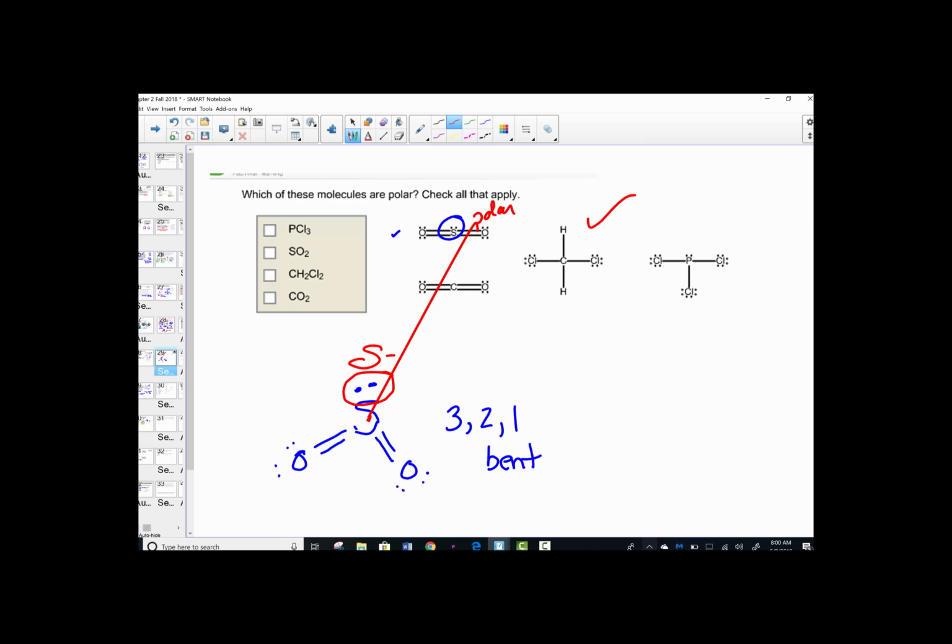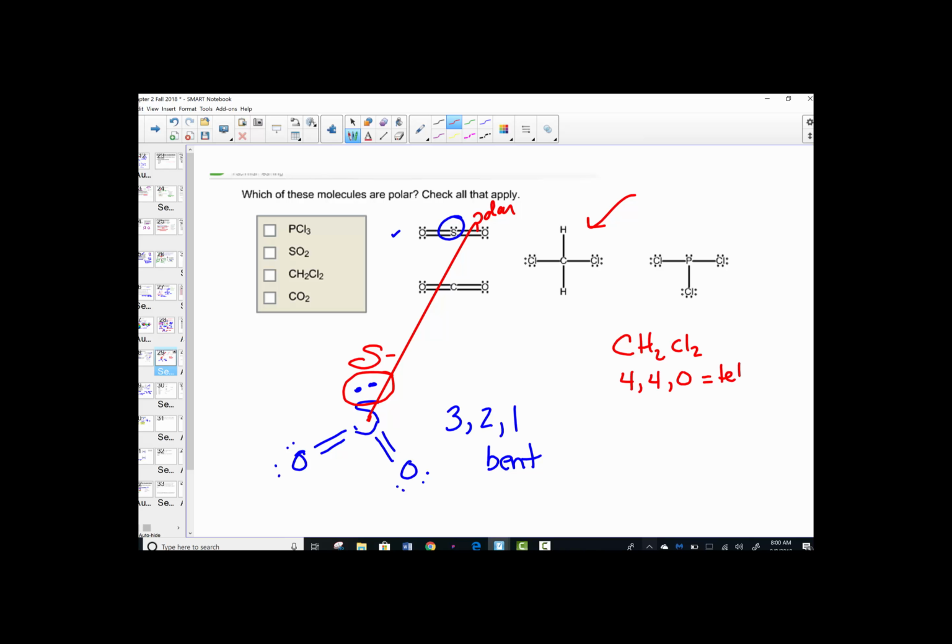Let's do that one. CH4, CH2Cl2. There, I got it. Because I might be tricked into thinking that that looks pretty symmetrical. But think about molecular geometry. This carbon has 4 domains. All 4 are bonded, 0 are unbonded.